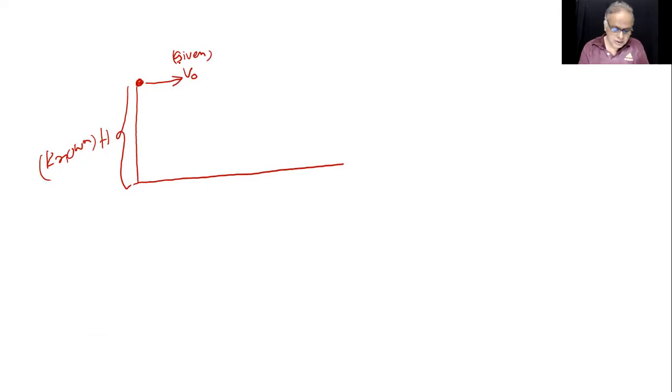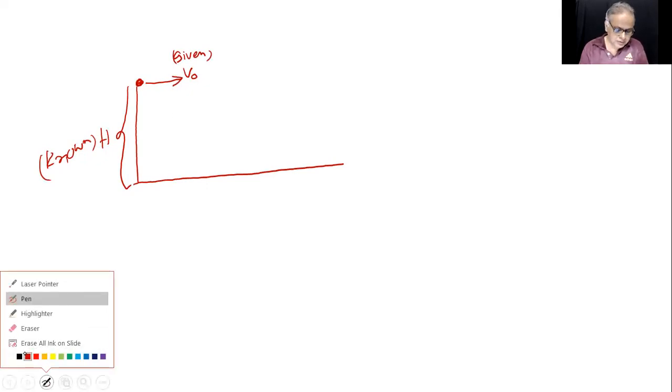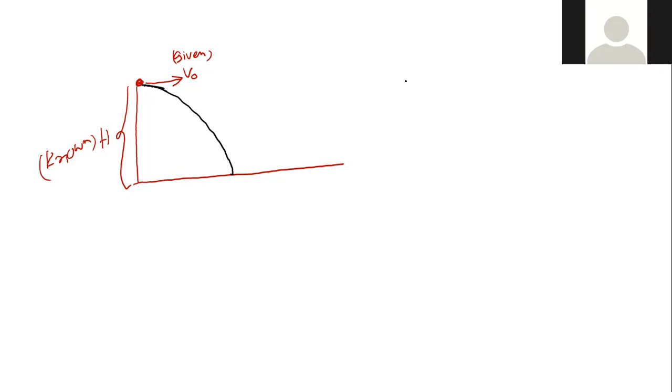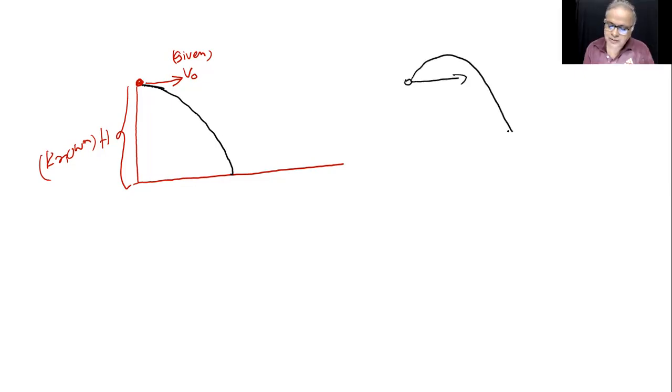Okay. Now you will know that the body goes in another parabolic path. Not exactly the same parabola we discussed in the previous example, but this is also a parabola. Remember, like I told you, when you project like this, don't make it go like that.